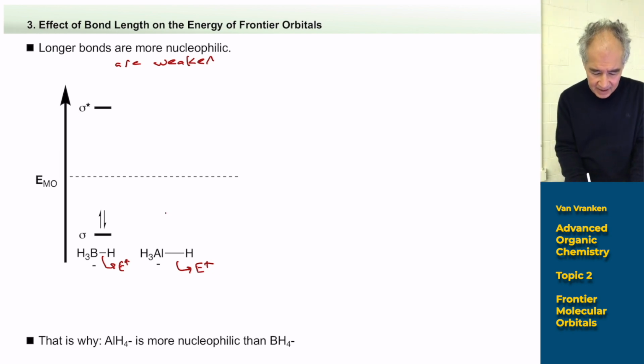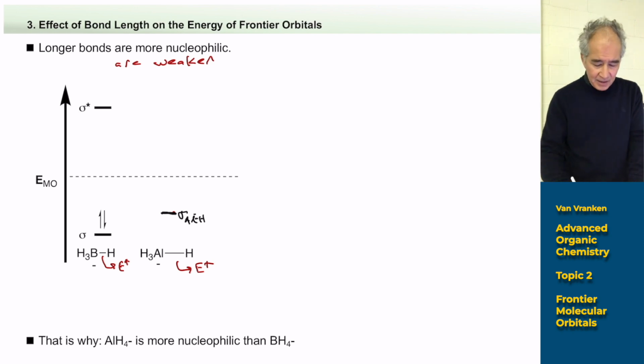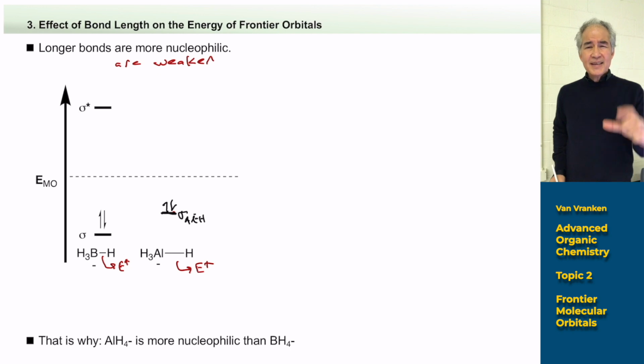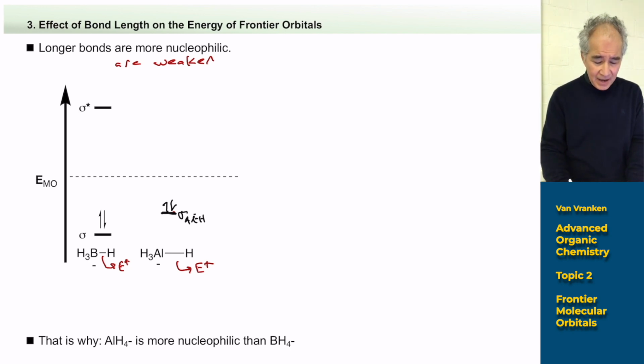Let me go ahead and depict that. If I have a new orbital here, a new bonding orbital for this hydridoaluminate bond, sigma, aluminum-H, I don't know how to fit that minus in there, right? That bond is weaker. That's how you would depict that. And there's this thing that happens when you make weaker bonds, is that you have a higher energy bonding orbital, but you also have a lower energy antibonding orbital.